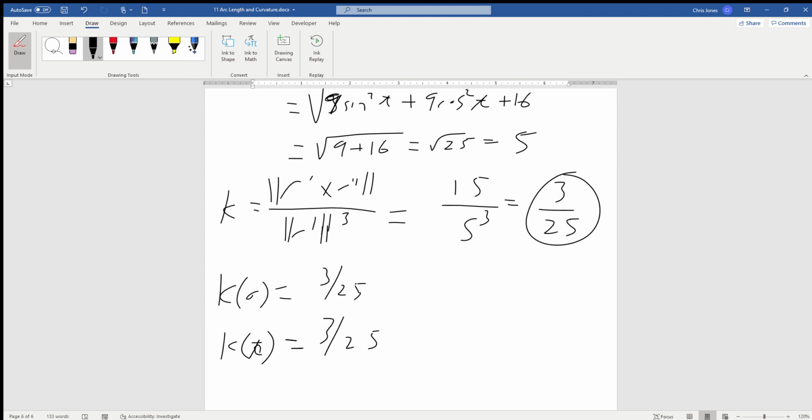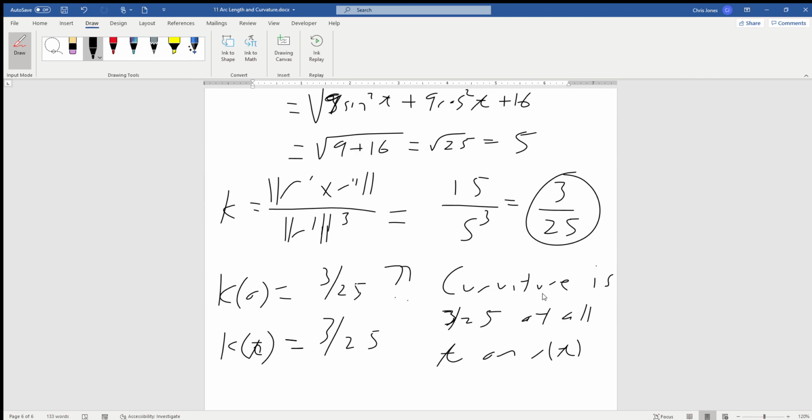So what does that mean? What that means is that the curvature is going to be the same no matter where you are on the function. So this means the curvature is 3/25 at all t on our function r of t.